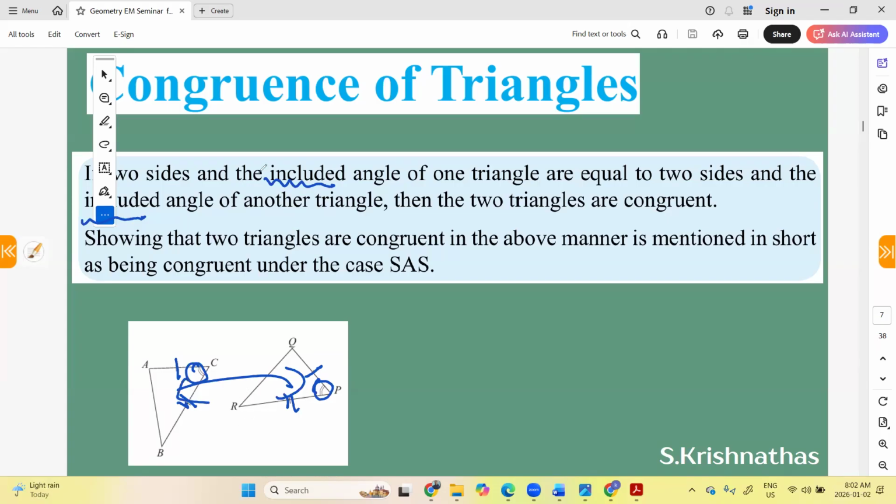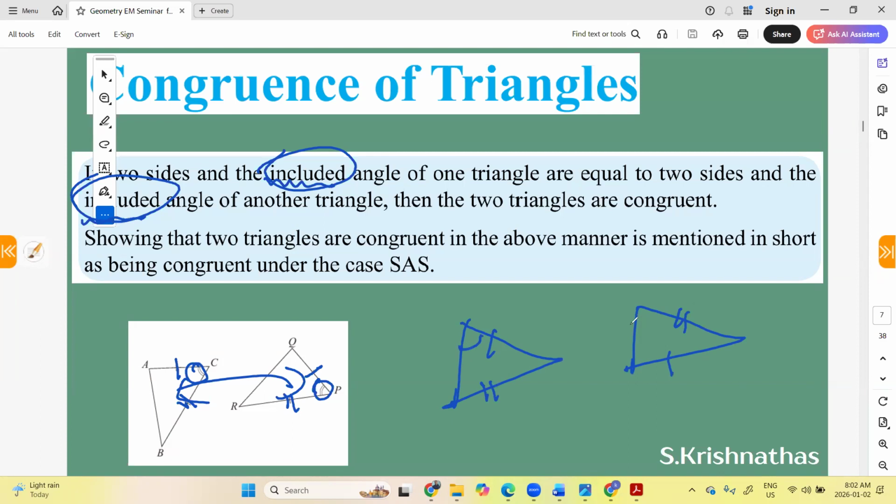So that is the reason, students, they mention included angle. The included angle, that word is important, right? Here, students, two sides are equal. These are two triangles, okay? This side equal to this side, and this side equal to this side.